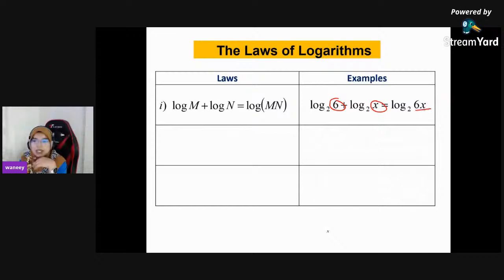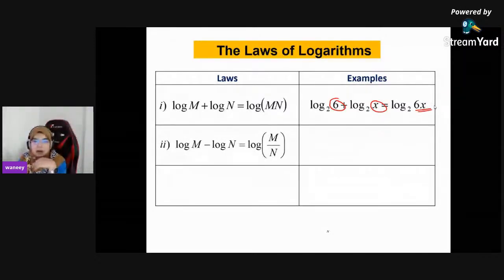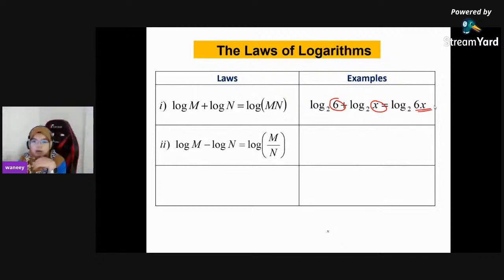That is how you get log 12x. Second, log m minus log n is equal to log of m over n. If you have log 510 minus log 5y, since both of them have the same base, we're going to take the 10 and the y, so it will become log 5 of 10 over y.